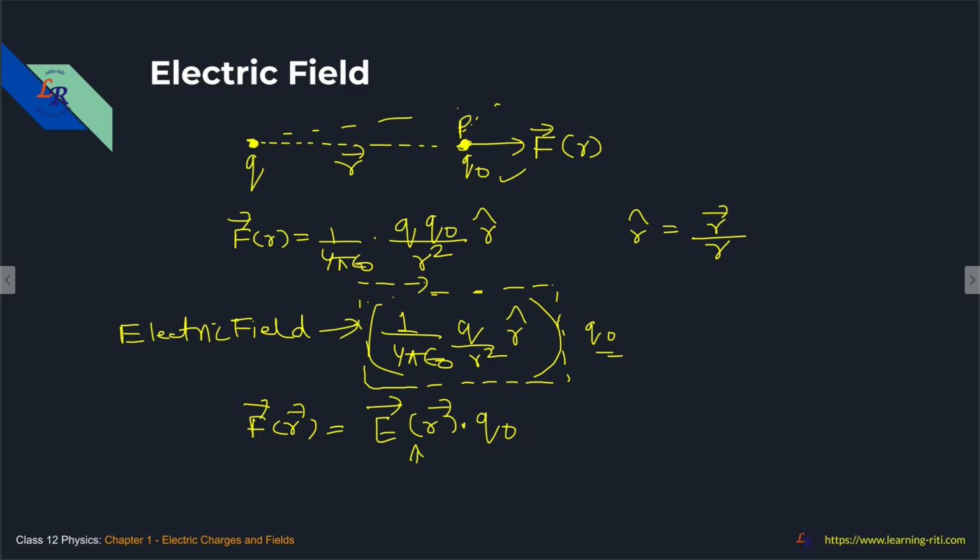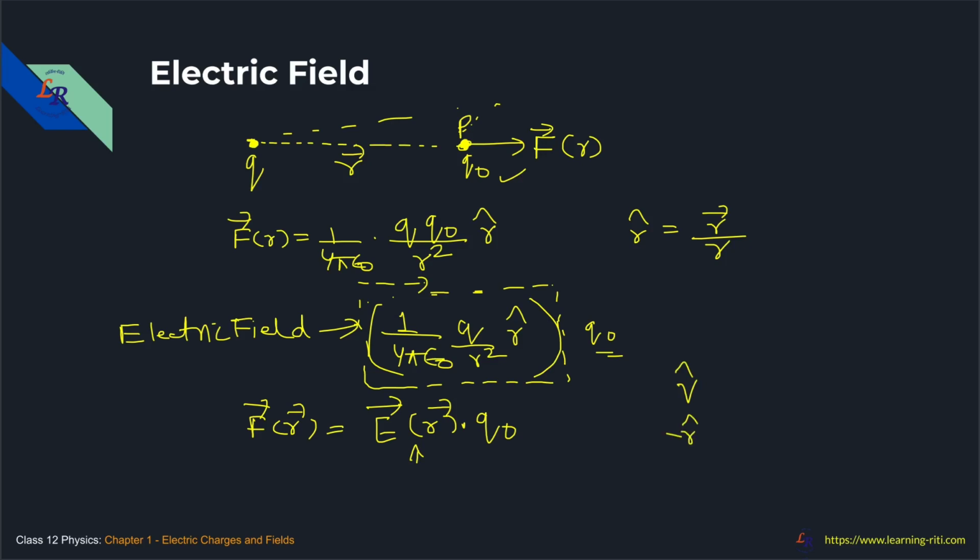We'll see what the physical significance is and why we define a field, though we can just calculate forces directly from Coulomb's law. Separating out this equation, the direction of the force would be radial. If it is a positive charge, we have positive r̂. If it is a negative charge, we have minus r̂.